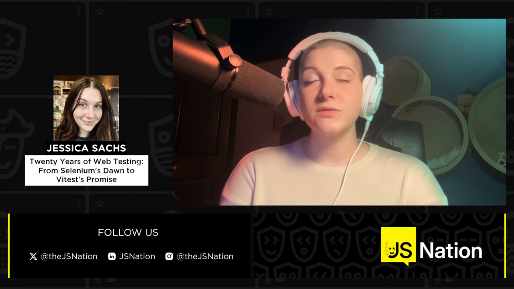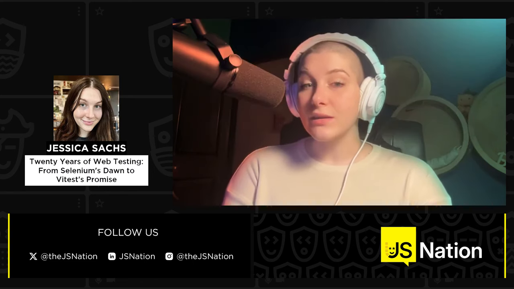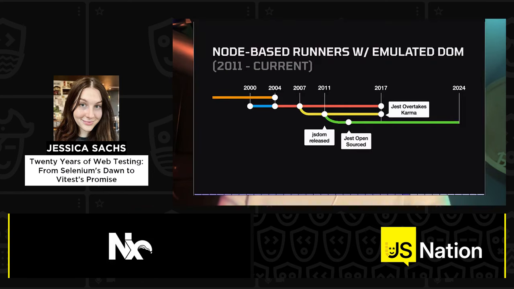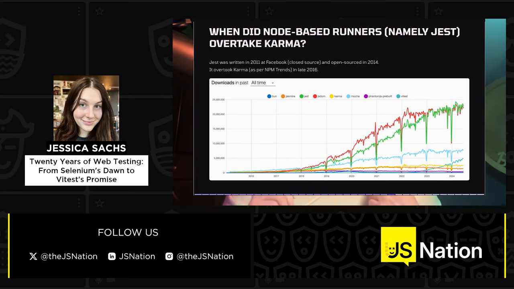It was the main test runner until Jest, but Jest, while it was written in 2011, was closed source when Facebook first wrote it, and it was open sourced in 2014, and only eclipsed Karma in 2016. So it took a minute for Jest to overtake Karma, and between those two runners, and then Mocha and Jasmine, everybody started around there, right?